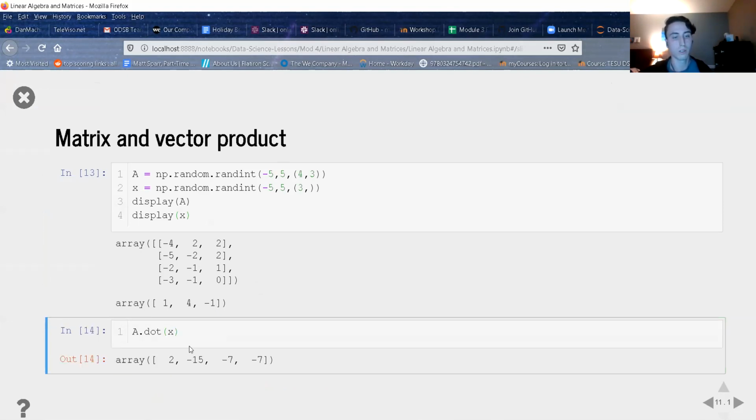So if we do this here, the resulting array is going to have length equal to the rows of A, and it's just going to be one-dimensional the other way. So you have basically a line with the number of elements equal to the rows in the matrix.